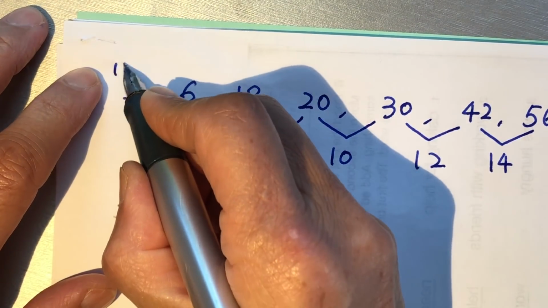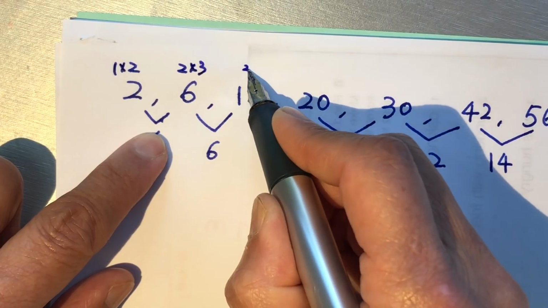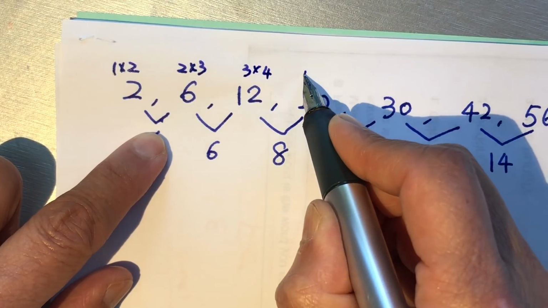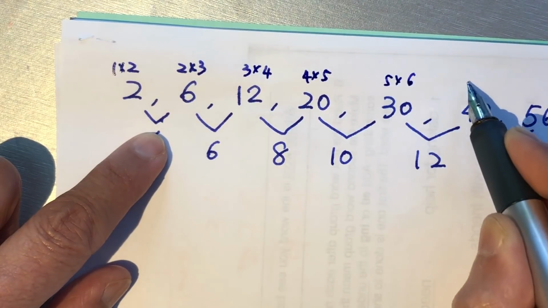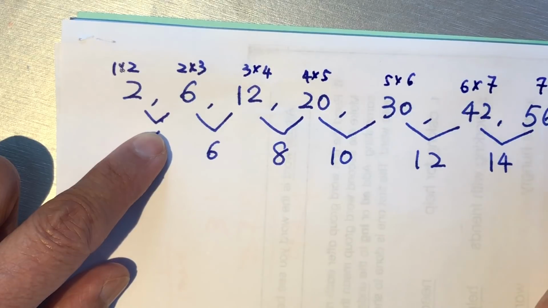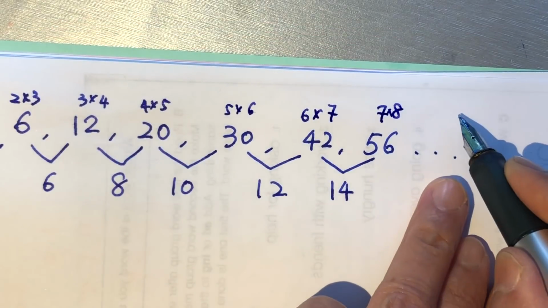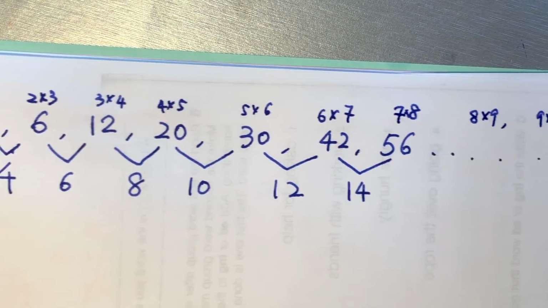The first one is 1 times 2, then 2 times 3, 3 times 4, 4 times 5, 5 times 6, 6 times 7, 7 times 8, and the next will be 8 times 9, and then 9 times 10, right?